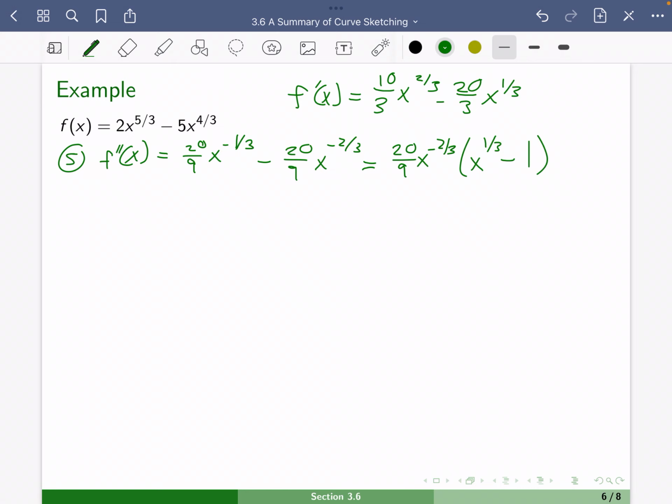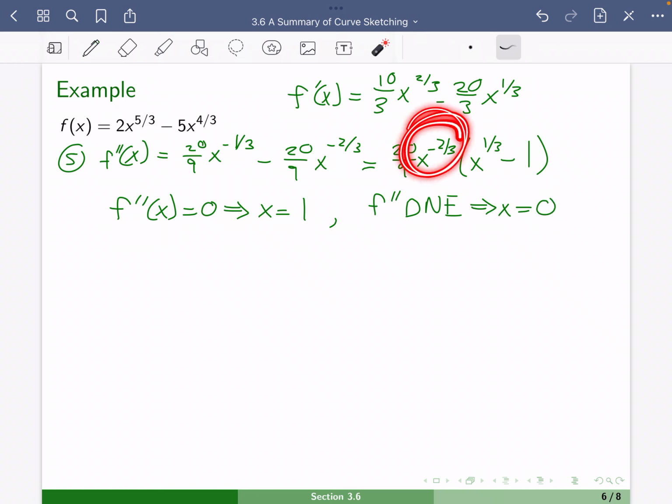Setting it equal to 0, f double prime equals 0 when x is 1, and f double prime does not exist when x is 0.